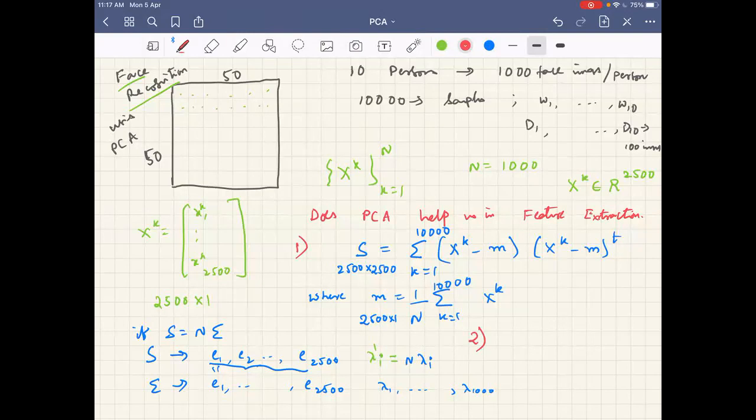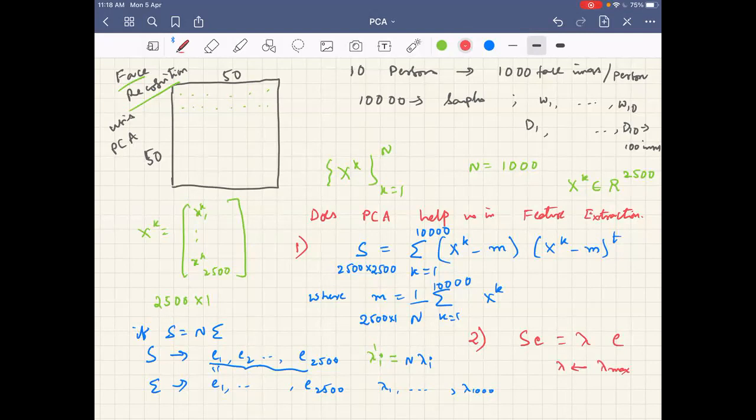Find eigenvectors and values. Yes, S e equal to lambda e. Very good. Find the eigenvectors of the scatter matrix. Among the eigenvectors and eigenvalues, which eigenvector has to be chosen for projecting? The one with the highest eigenvalue, corresponding to lambda max. If you want to project onto more dimensions, you can take lambda max 1, lambda max 2, and so on.